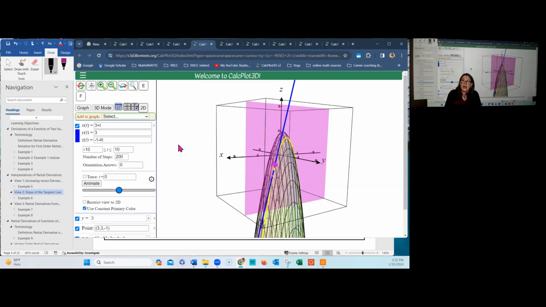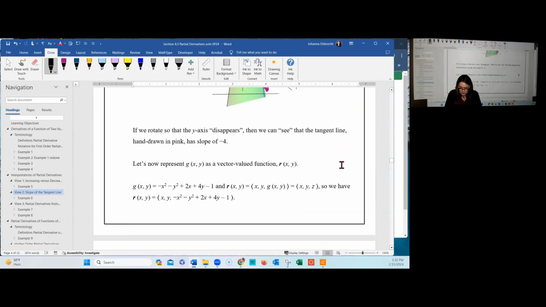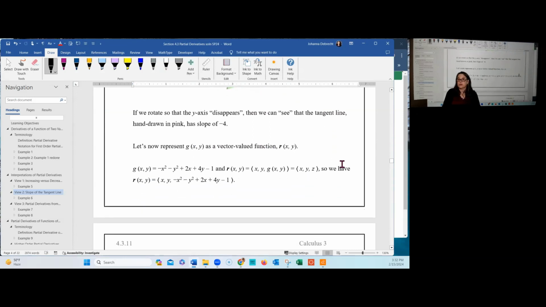Now, how did we graph the tangent line? And this one is an actual graph. I could get it, of course, by doing the trace with respect to x and then substituting the coordinates 3, 3 as we did before. But there's a way to find the actual equation of the tangent line. So what we're going to do is replace our function g as a function of x and y and represent it as a vector valued function.